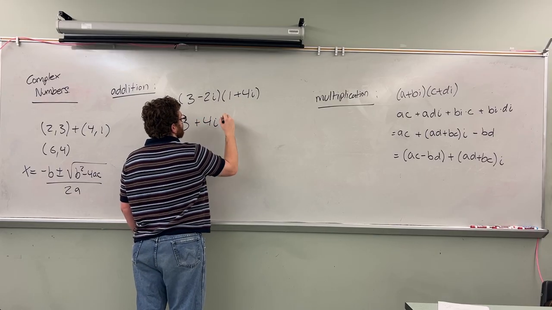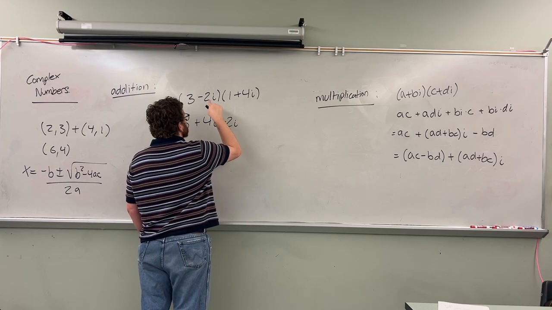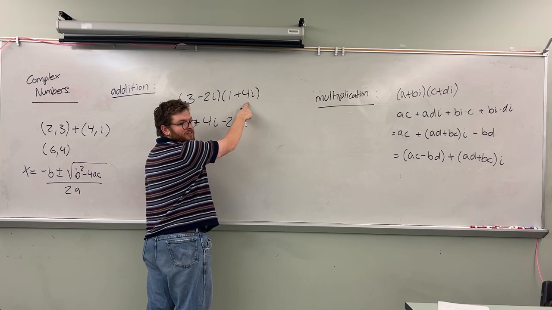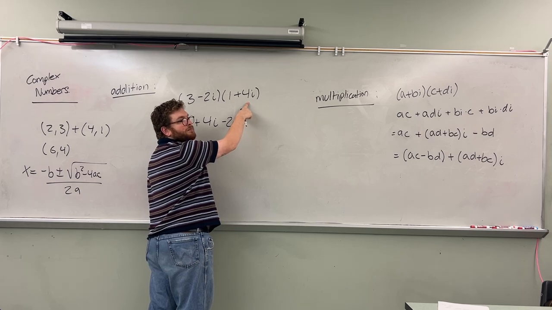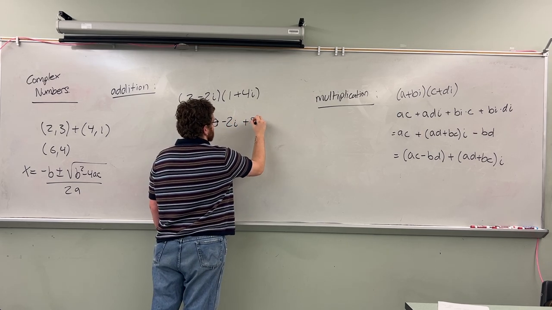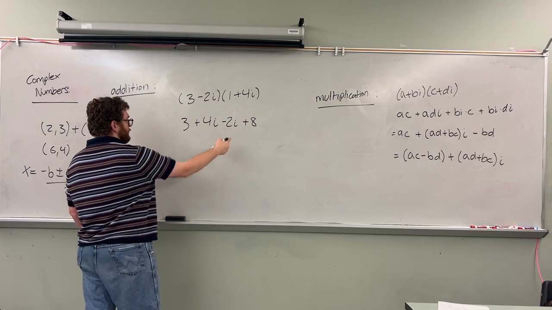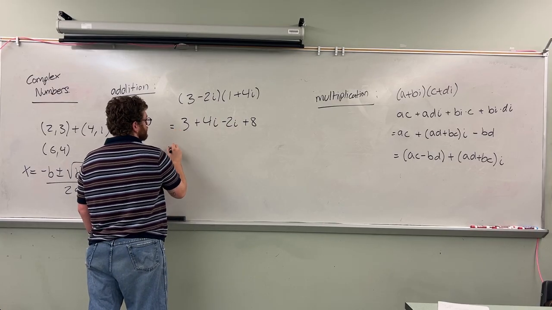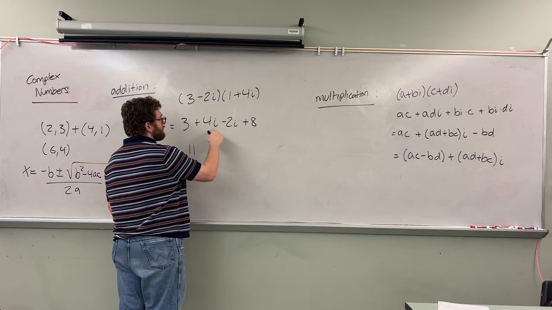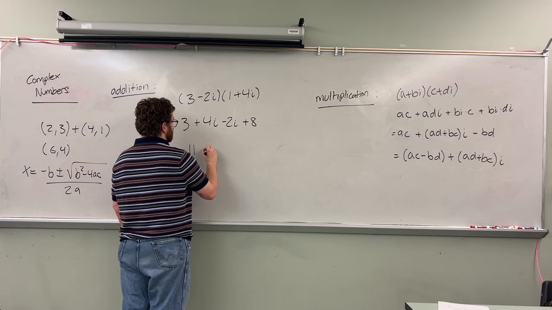Negative 2i times 1 is minus 2i. Negative 2i times 4i is negative 8i squared, which is positive 8, because i squared is negative 1. I put my real stuff together. That's 3 and 8, which is 11. And my imaginary stuff together, 12 minus 2 is 10.